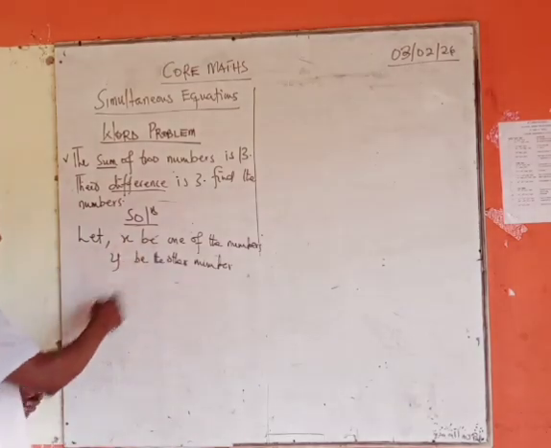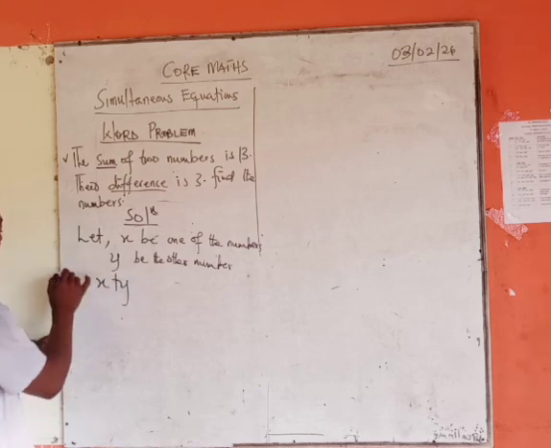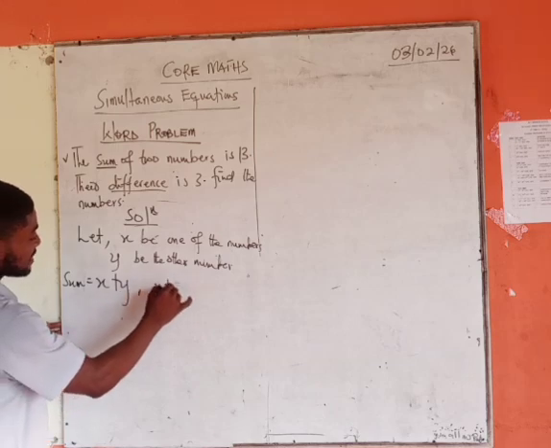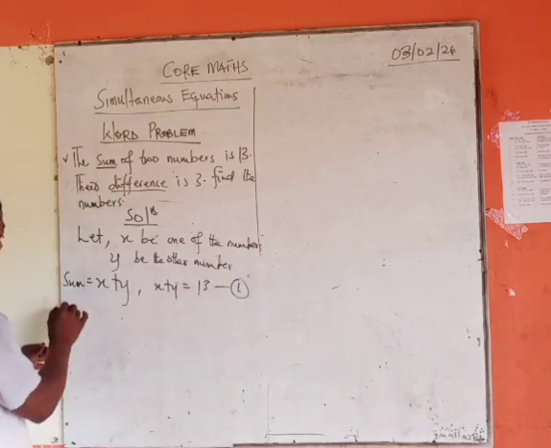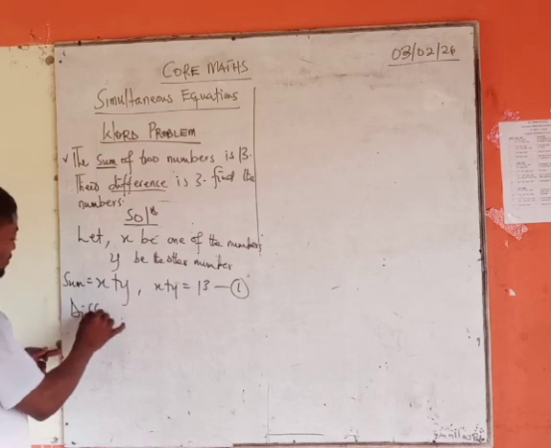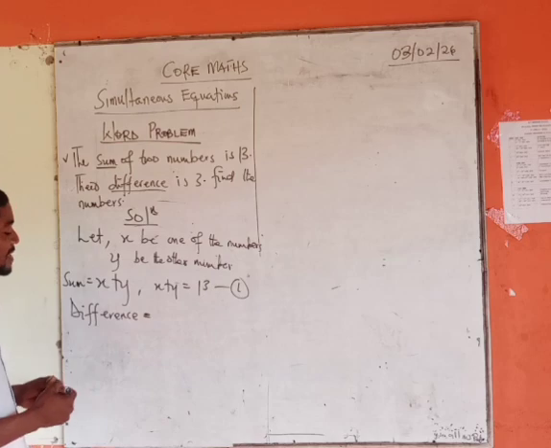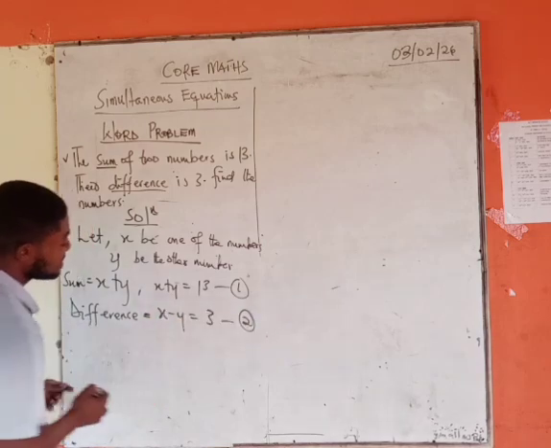If x is the first number and y is the second number, then x plus y is the sum. The sum was given as 13, so we have x plus y is equal to 13. This becomes equation 1. Then we're told the difference; in mathematics, difference means the result that you get from subtracting two or more numbers. So the difference between them is 3, and I have this as equation 2.